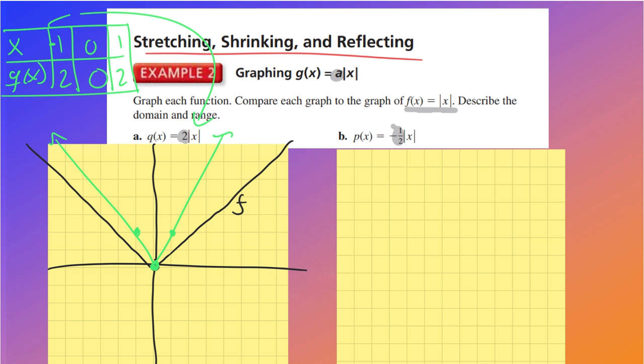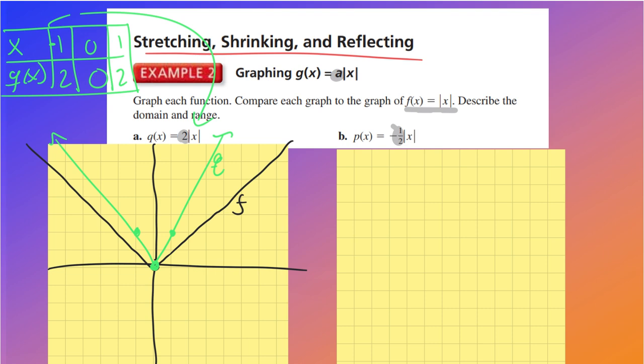This is q. So what happened with q? Remember, we multiply A. If you recall from 3.6, what are we multiplying A to? Correct, to the whole function. What coordinates are these? Correct, the y.